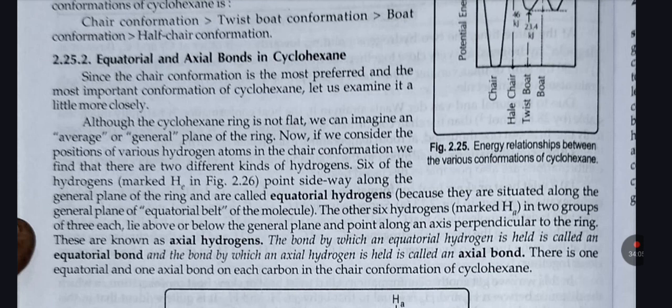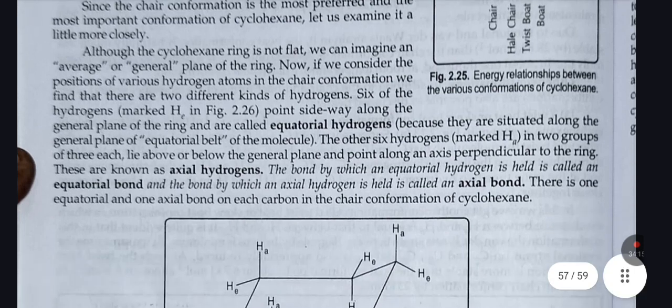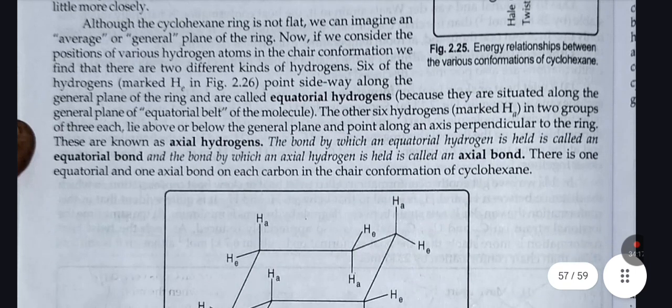Six of the hydrogens, marked He in figure 2.26, point sideways along the general plane of the ring and are called equatorial hydrogens because they are situated along the general plane or equatorial band of the molecule.